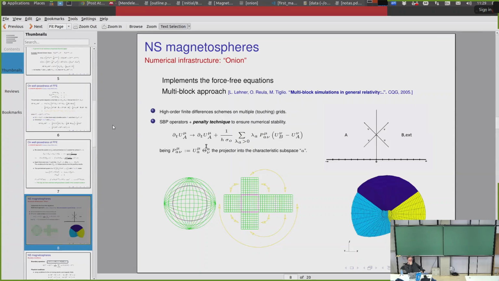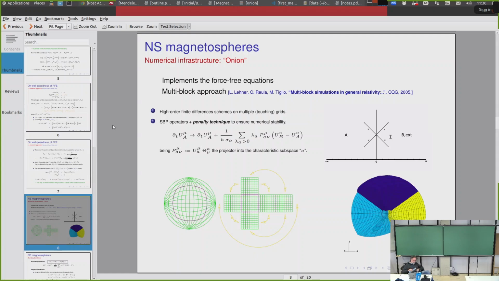So you have these particular terms with this particular structure, which are based on the characteristic structure of the system, the characteristic decomposition. So they capture the physical incoming modes. For instance, in the case you are considering an interface between two numerical domains A and B, say, conceptually, the idea is that you will prescribe the incoming modes into the domain A by matching them with the associated outgoing modes from the neighbor domain.